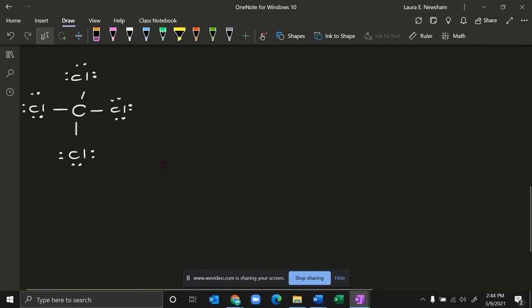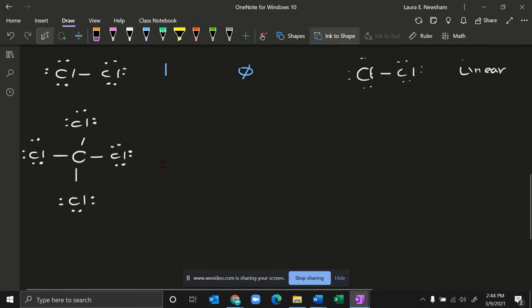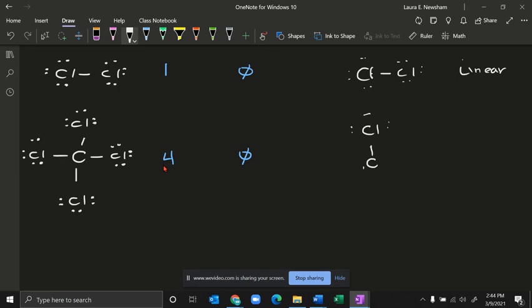And our last shape is when we have 4 bonded regions, and we can see those 4 bonded. There's no lone pairs on here. So we're going to go backwards, we're going to come forwards, and we got off to the side.